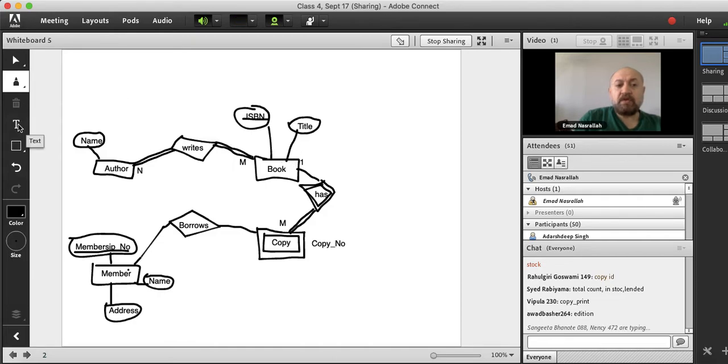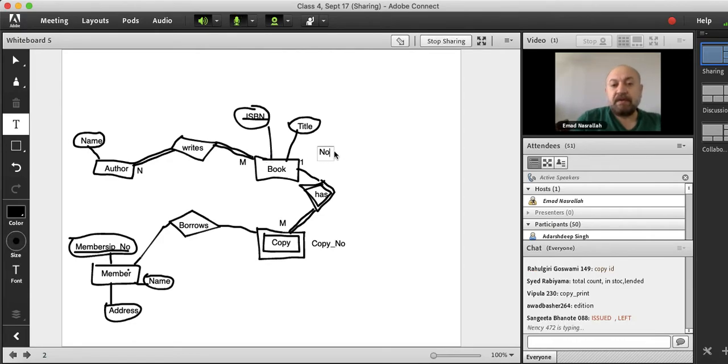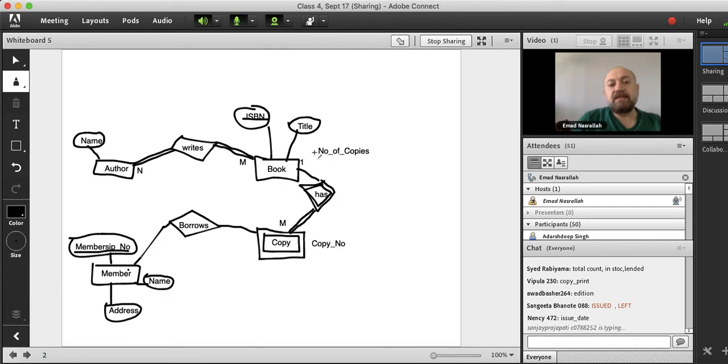If you want to add number of copies, it will be here in the book, because number of copies is related to the book, not to the copy.